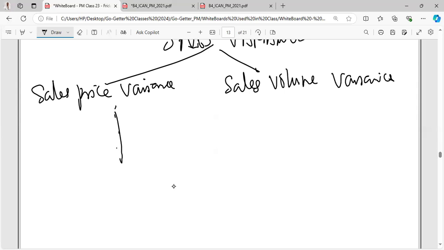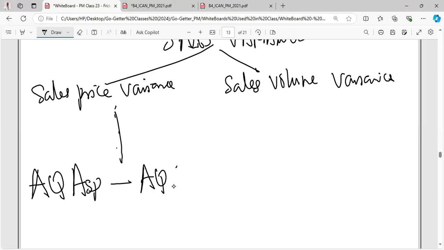We have actual quantity, actual selling price minus actual quantity standard selling price. I have to put SP again because it's selling price. It's not the same thing as the cost.